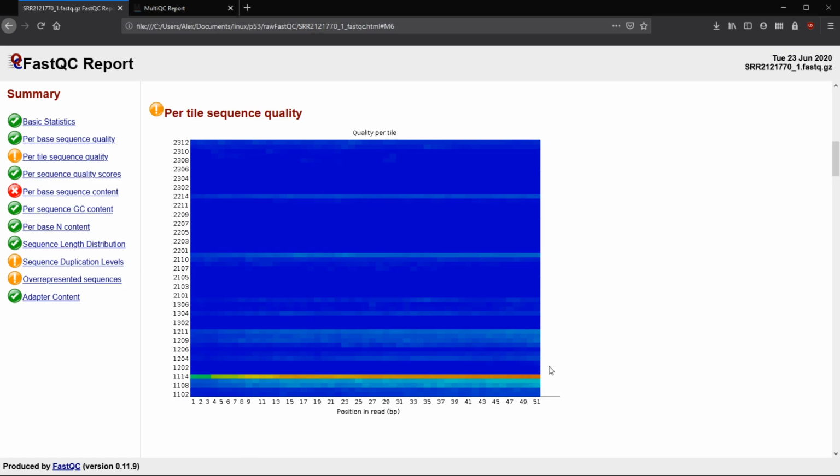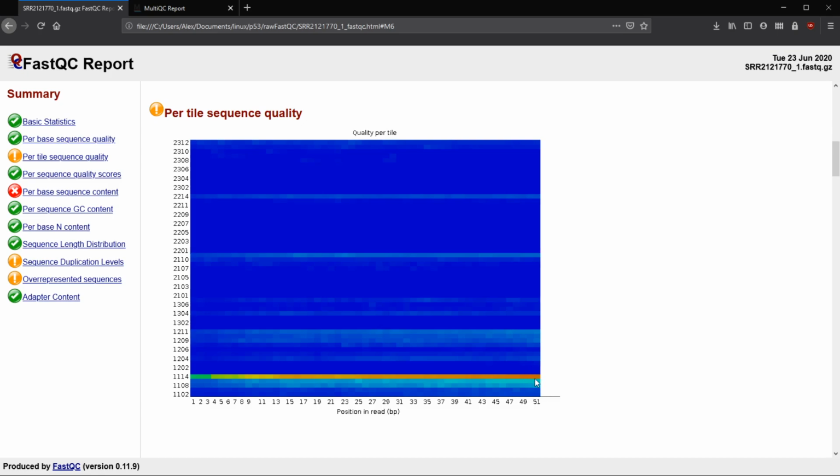This will only show up for Illumina sequencers that keep track of the location of the sequences that are being read on that chip. So it's not something that's always going to show up. The more red means the worse quality that base call was.